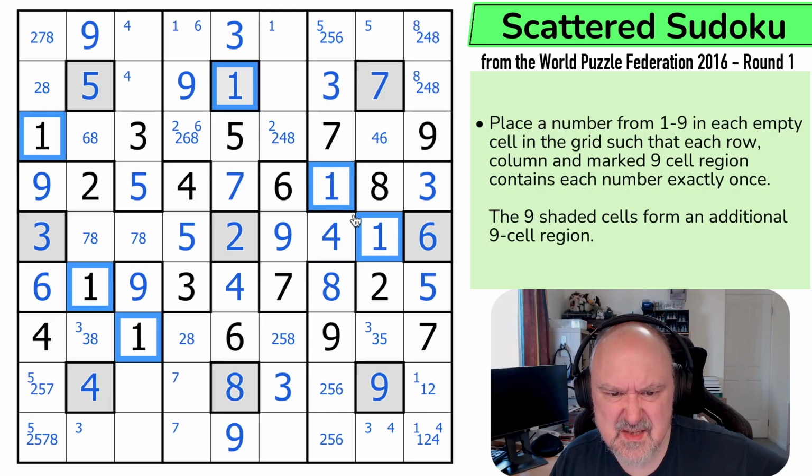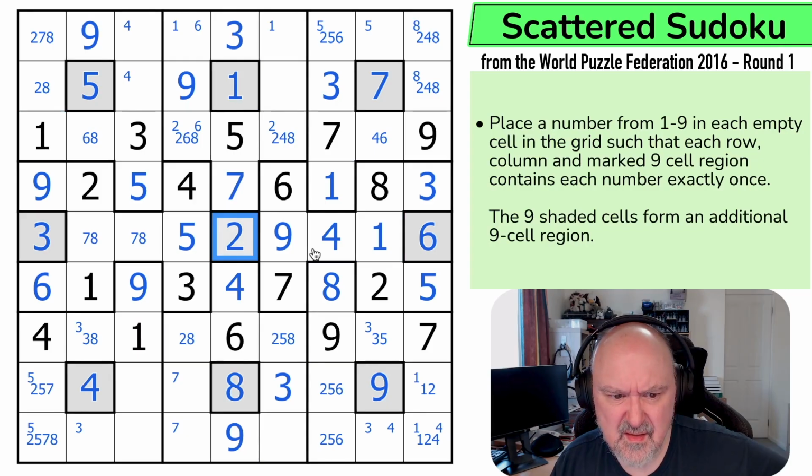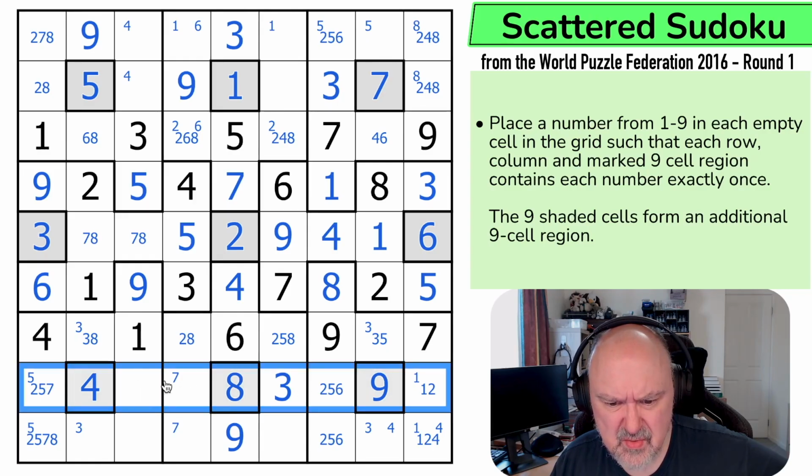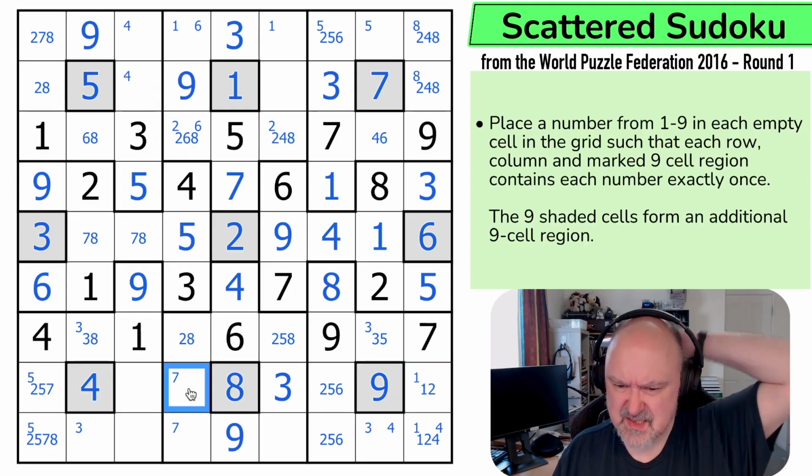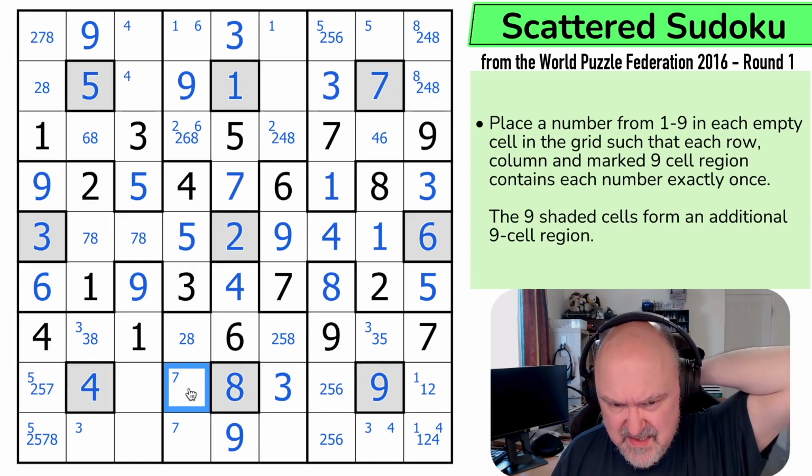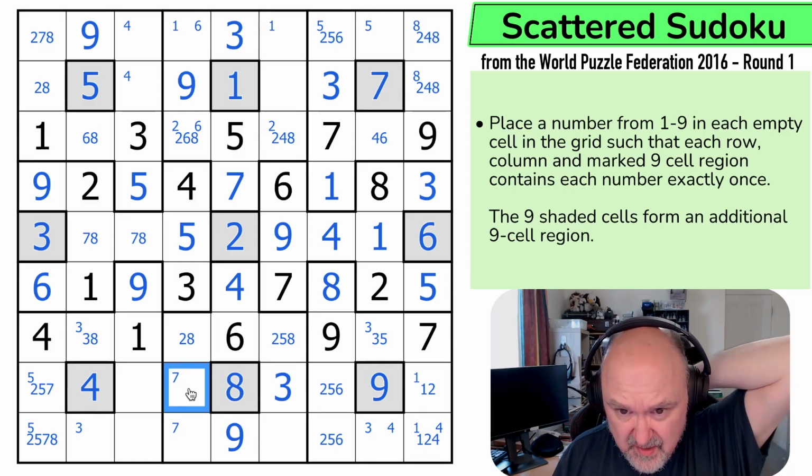Oh, this is... So this is 3, 6, 7, or 8. One in this row is in one of those two. I'm sorry, this beautiful puzzle ends terribly, and I'm actually saying terribly.